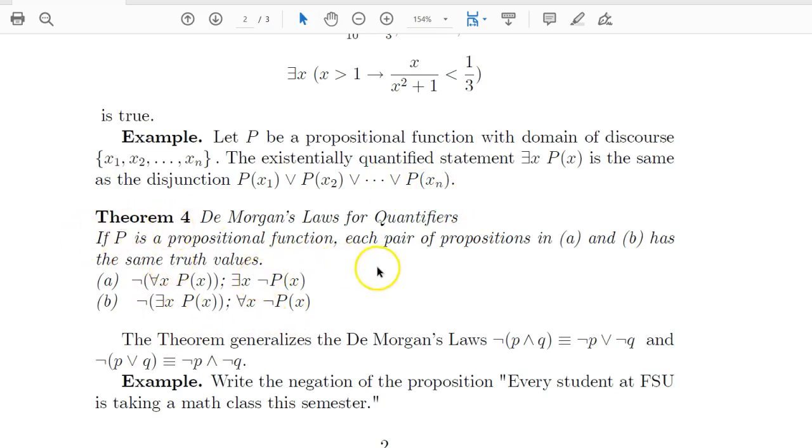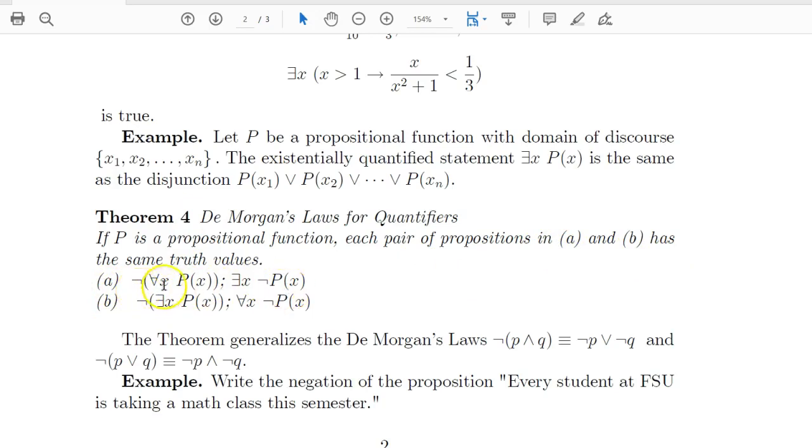Theorem, De Morgan's law for quantifiers. If P is a propositional function, each pair of propositions in A and B has the same truth value. In A, we have this pair.